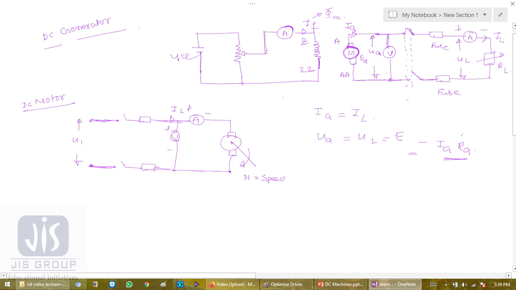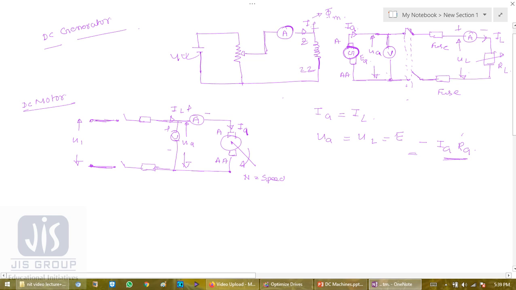And this voltage is suppose UA. This is the armature, and this is armature current IA. The same machine is now acting as a motor. So I am providing current from the load to the motor.